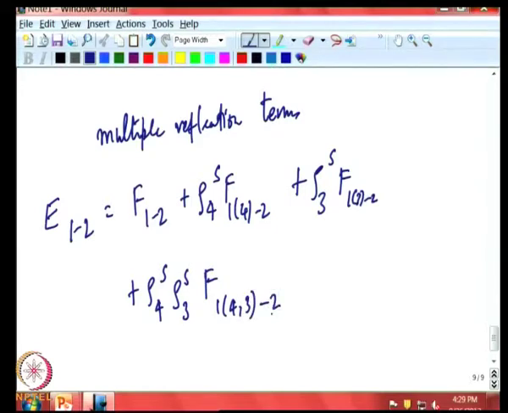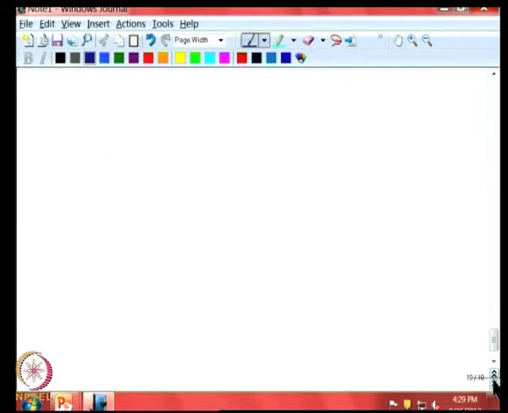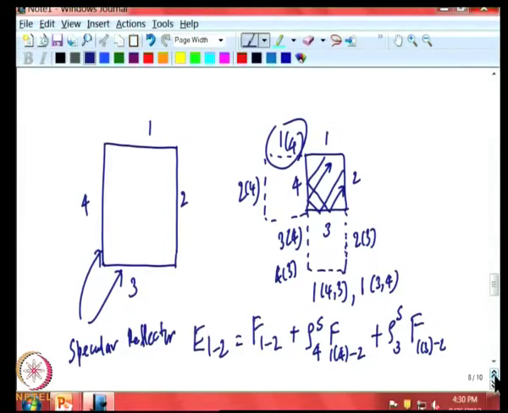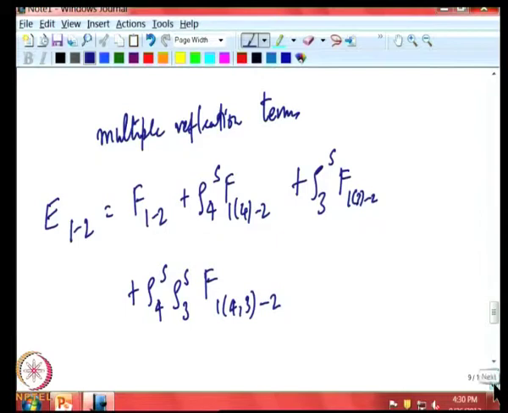So, F1 4, 3 is the imaginary surface obtained after multiple reflections, which is the one, this is multiple reflection, two of them are there. So, this includes this term and of course, one more term going the other way around.